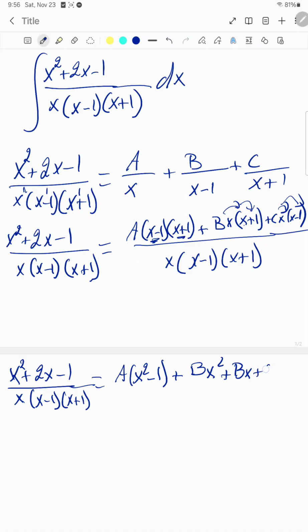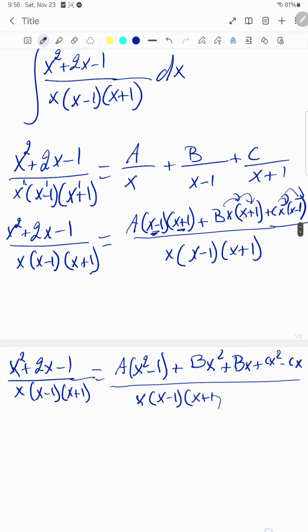It becomes plus cx squared minus cx, divided by x times x minus 1 times x plus 1. Because I have the same denominator on the right hand side and the left hand side of my equality, I can take them out. And I will distribute now my a inside my parentheses.